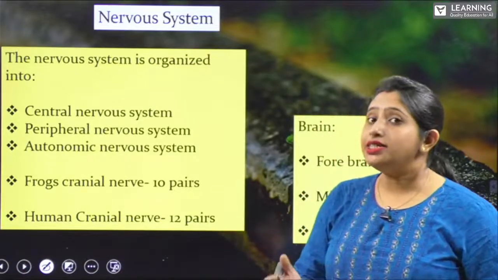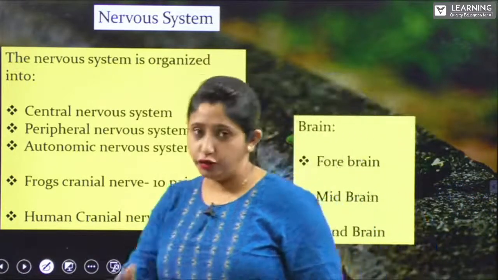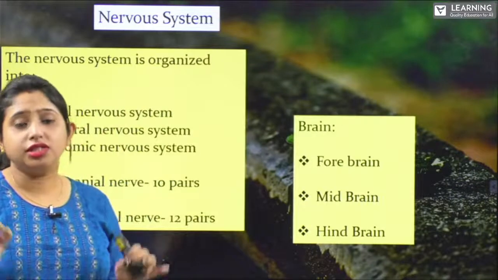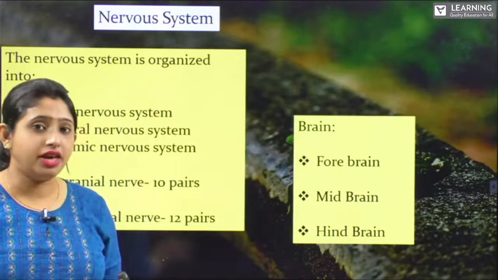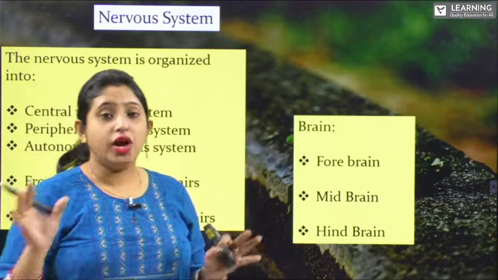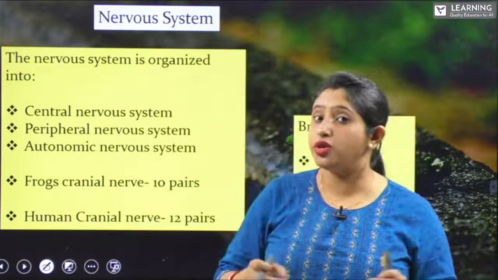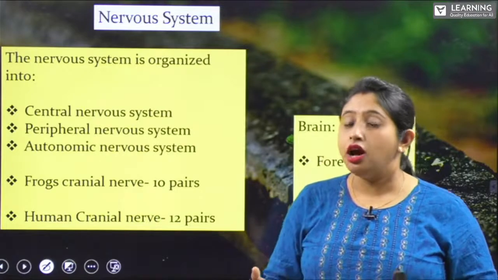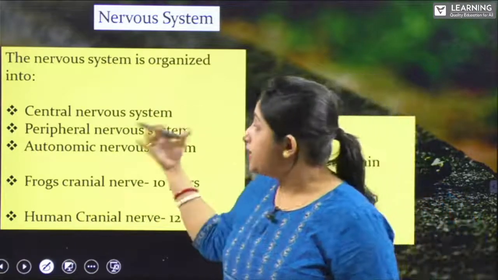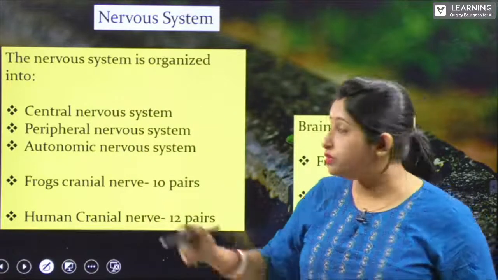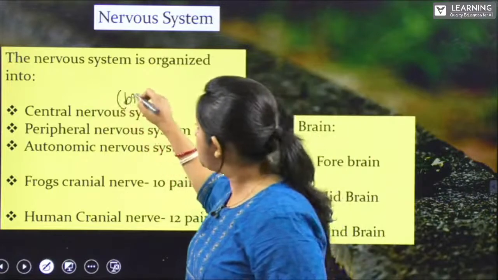Now let us learn the nervous system of the frog. The nervous system of the frog is the same as in human beings. We human beings have various nerves. We have the central nervous system, which includes the brain and the spinal cord.